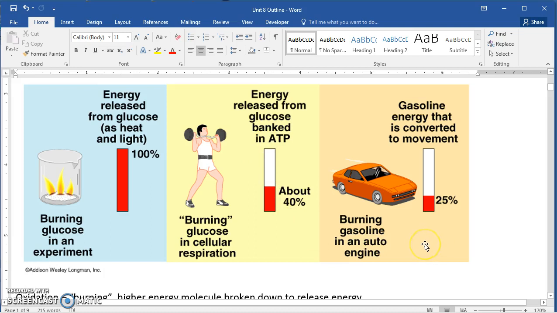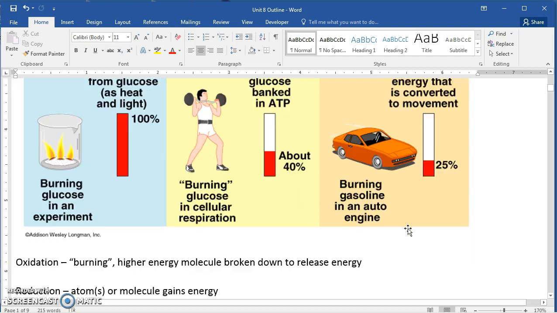And that's a whole lot better than vehicles, whether it's gasoline or diesel. Only about 25% of the energy that's in the gasoline actually moves the vehicle down the road. There's a lot of energy that's lost as heat, not just from the engine, but also in the axles and braking and other things. So only 1/4 the energy that's in the gasoline actually goes to move the vehicle down the road on average. Not very efficient.